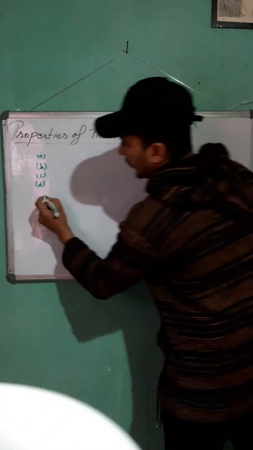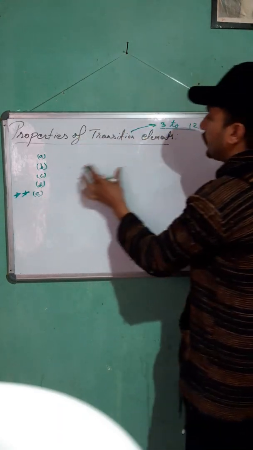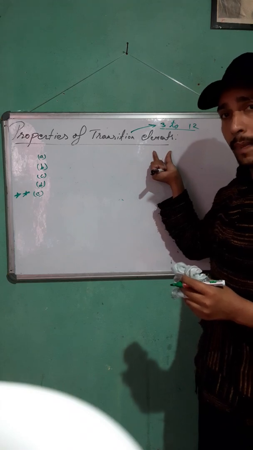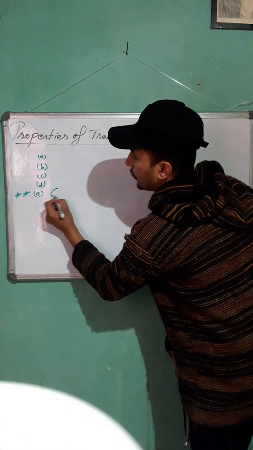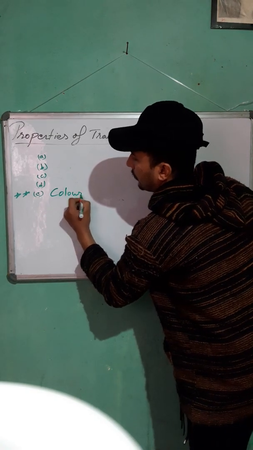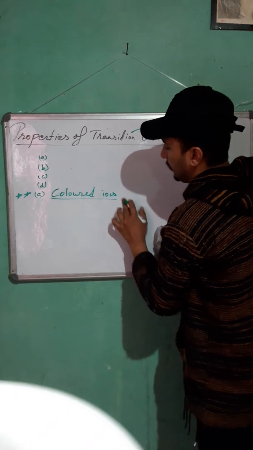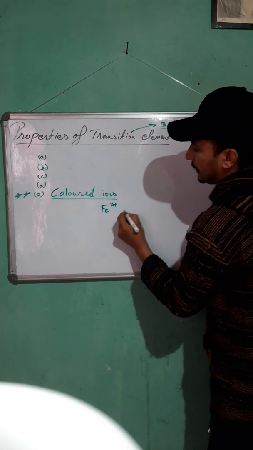And number E is very, very important. Most of the elements of this transition series form colored ions. Their ions will have some colors. For example, the color of Fe2+ ion, the ferrous ion, is green.